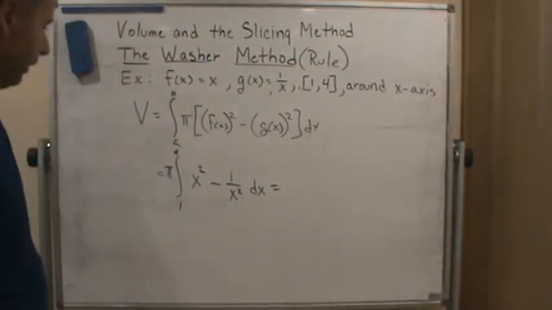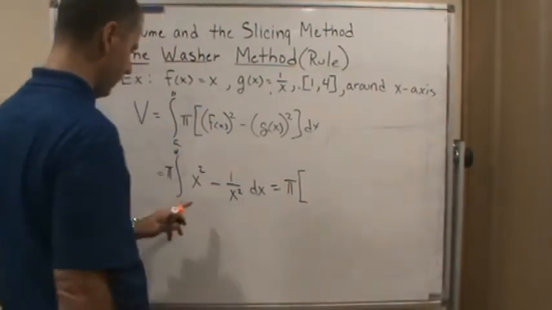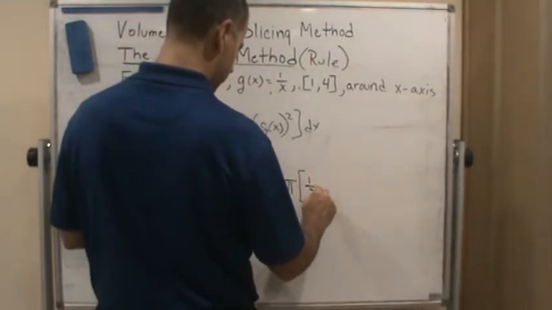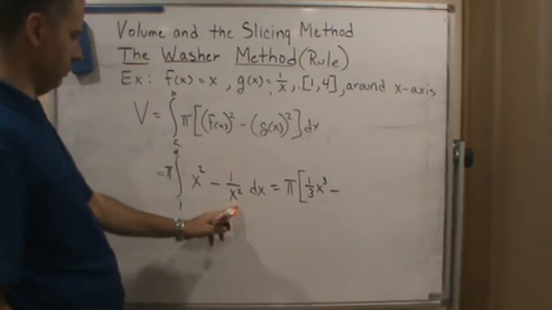So now I'm going to integrate. This becomes what? 1/3 x cubed minus what?